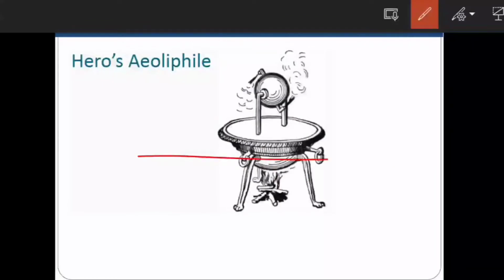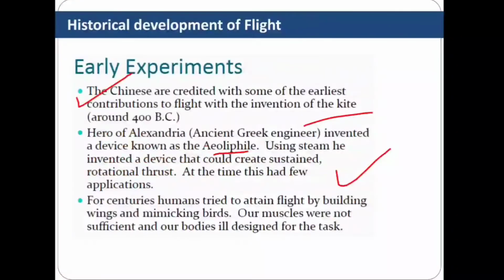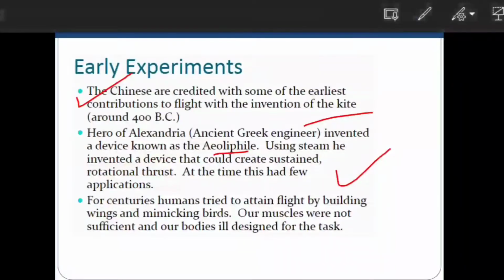For centuries, humans tried to attain flight by building wings and mimicking birds. Our muscles were not sufficient, or our bodies were ill designed for this task. That's the reason we failed at the very beginning of this experiment.